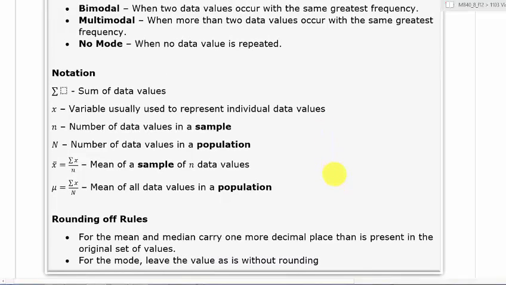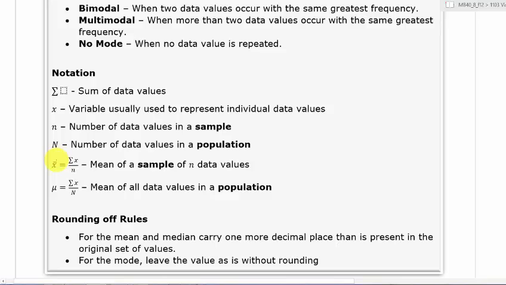Here's just a list of some notation that we'll be using really frequently. Again, this symbol here is the summation symbol, and it means the sum of the data values. X is what we will use for variables. N with a lowercase n will be the number of data values in a sample. A capital N will denote the number of data values within a population.